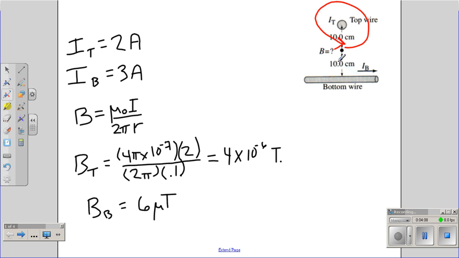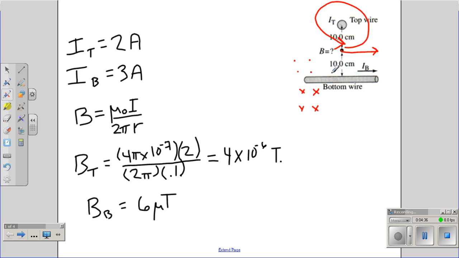That should be a circle. I'm sorry, I'm not an artist. So at this point, we would have something going to the right. The one on the bottom is a little bit difficult to visualize, but stick your thumb in the direction going right, and then wrap your fingers around this. They will be going away from us, so we would draw an X on the bottom for our magnetic field, and then it'll be a dot because our fingers will be coming towards us.